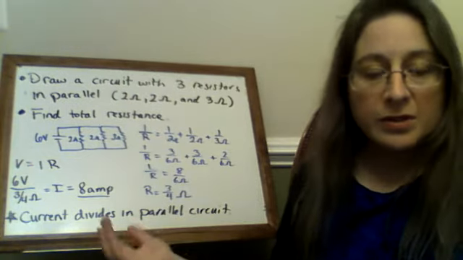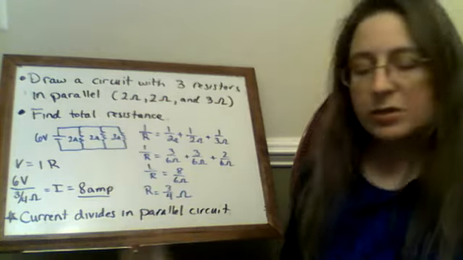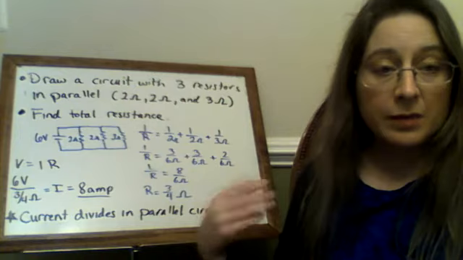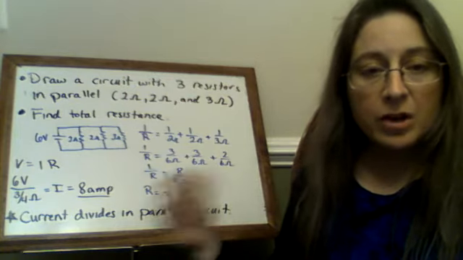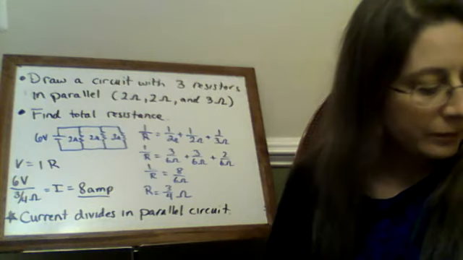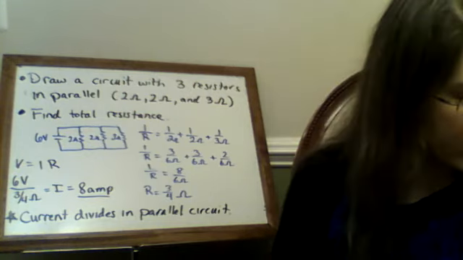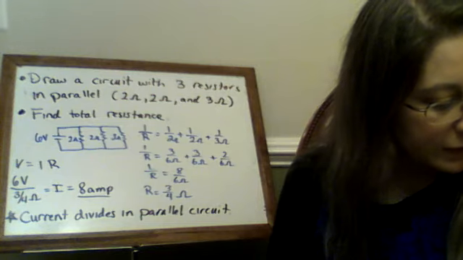And that adds up to our 8 total amps, right? 3 plus 3 plus 2 is 8. And so Ohm's law lets us, in a parallel circuit, determine the current in each resistor, but it's not necessarily constant. So let's see. We did that.